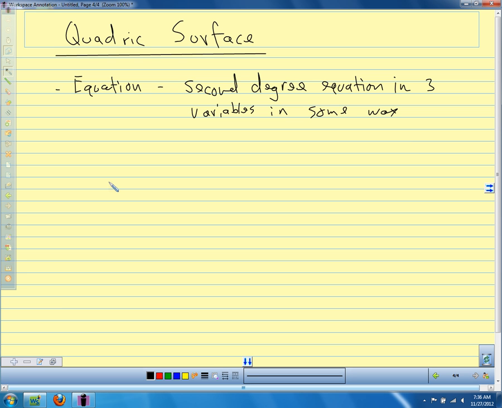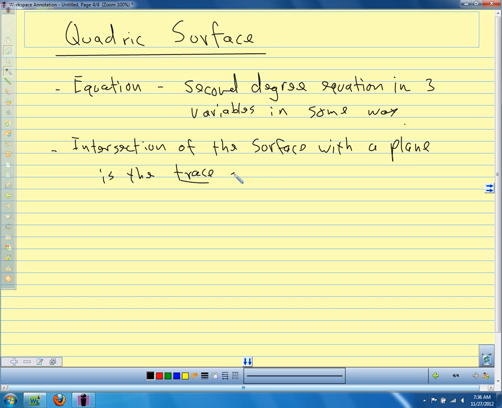The intersection of the surface with a plane is called the trace of the surface. And the traces of quadric surfaces are going to be conics.